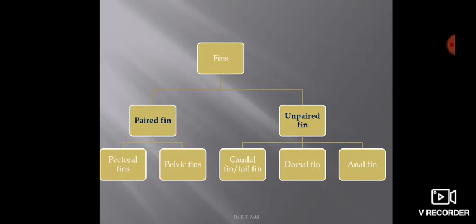So fins help with protection also. These fins divide into two main groups, paired fins and unpaired fins. See this figure. Paired fins include the pelvic fins and pectoral fins, and unpaired fins include the caudal fin or tail fin, dorsal fin and anal fin.